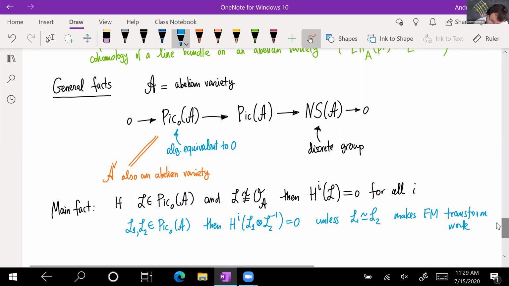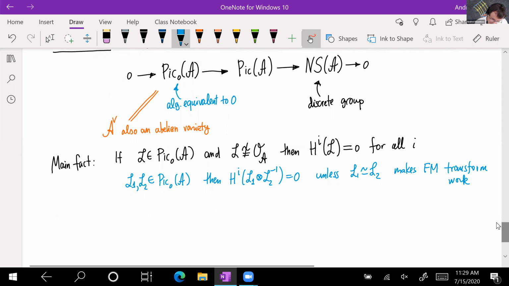So then we need to know how do we describe the degree of a line bundle? This is where degree takes place. So then we need some language to talk about the degree of a line bundle.